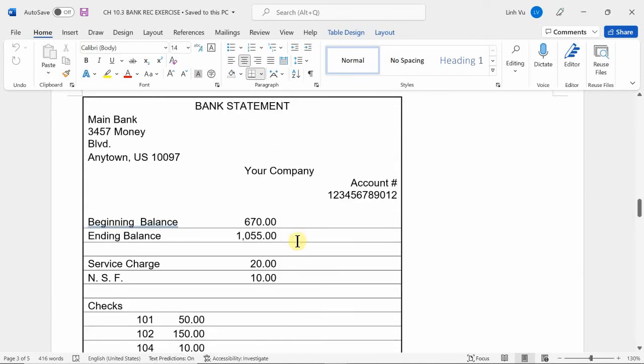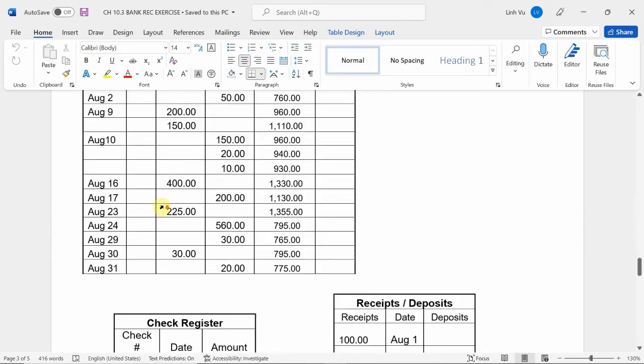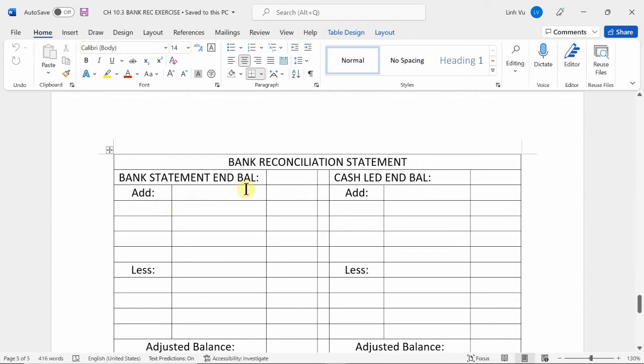So as of August 1st, you had a beginning balance of $670, and then at the end of August 31st, you had a total of $1,055. So what's my ending balance in my bank account right now? $1,055. That's how much you have in your bank account.